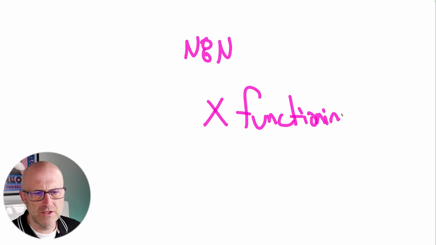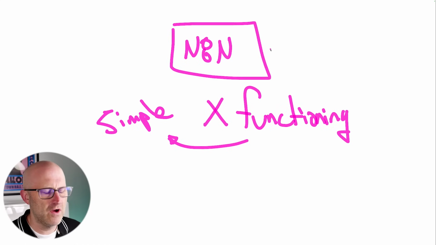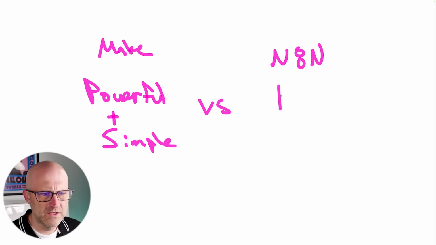They're not going to make it so you can't do as much purely to make it simple. So inherently, n8n is going to feel more technical. It's going to feel harder in some cases, so that it can do more easily. So Make is going to be powerful, but also simple, whereas n8n is going to give you full control.